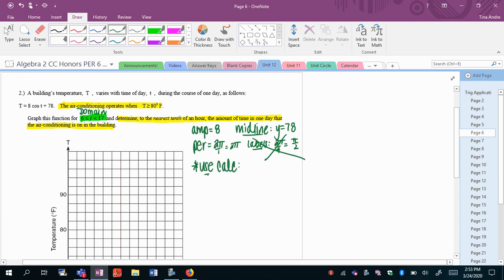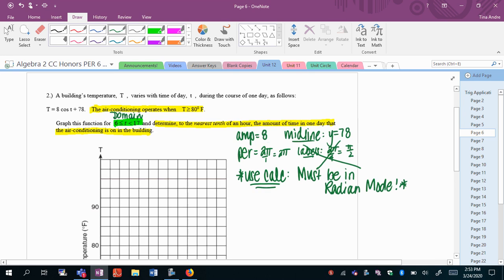And remember, whenever we use our calculator, we must be in radian mode. Now, if before you struggled to get your calculator in radian mode, remember you can go to the home screen to change that. From there, you should start a new document. If you already have a graph open and you change the home setting to radian, but not the individual graph page, it won't change your graph page.